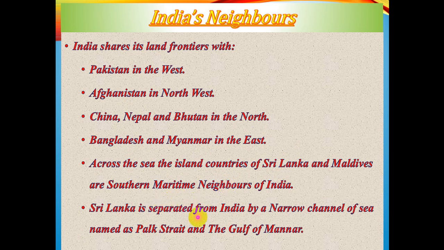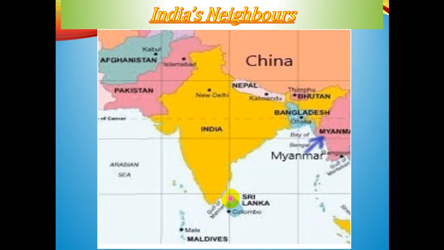We have already noticed that a narrow channel of the sea is a strait, and there is another feature that separates India and Sri Lanka. Here we have a narrow channel separating the two landmasses, the Palk Strait, and this area is the Gulf of Mannar. So these are the two features separating Sri Lanka and India.